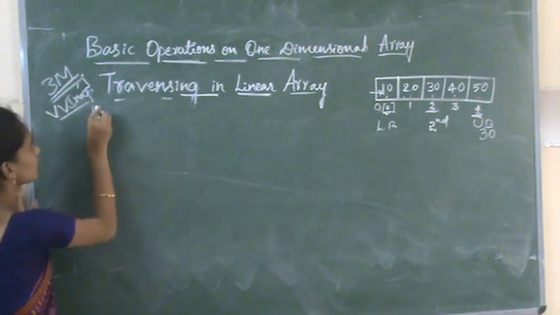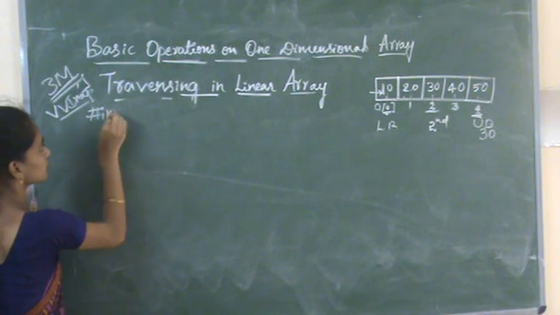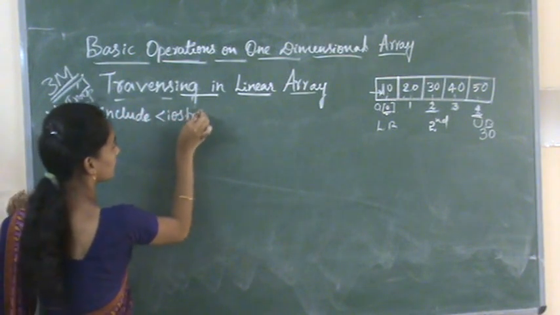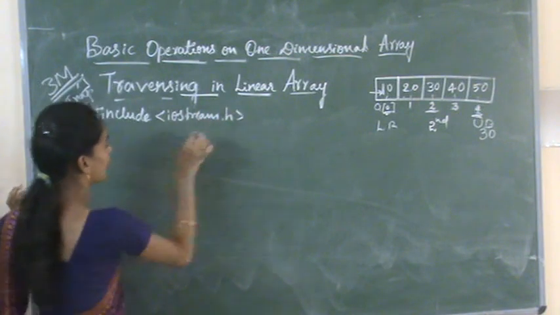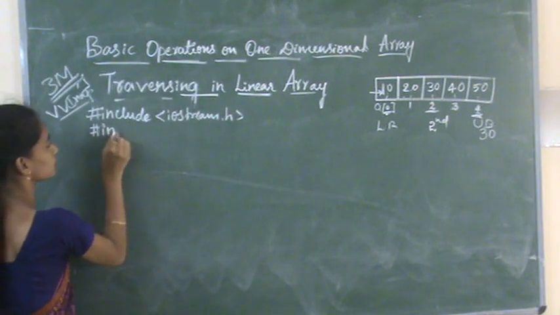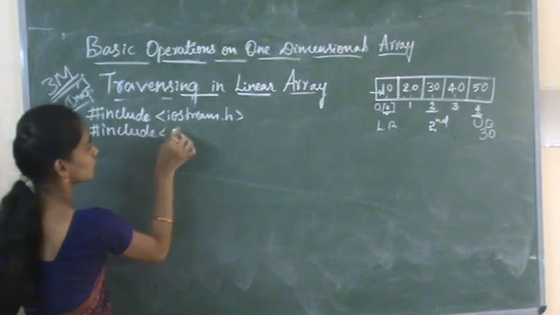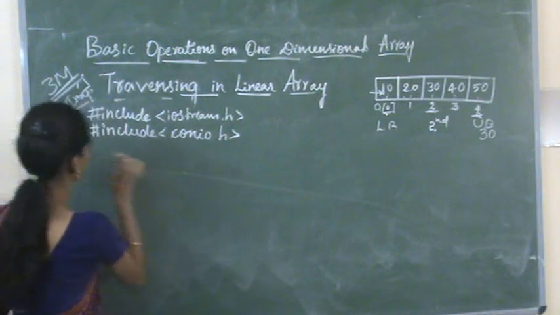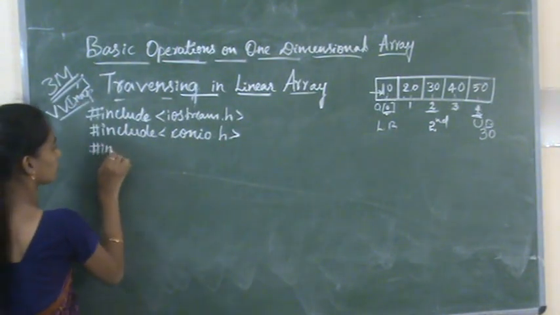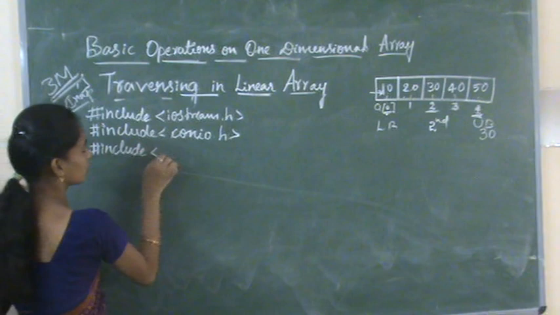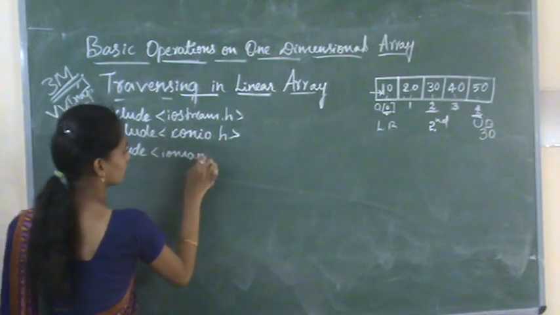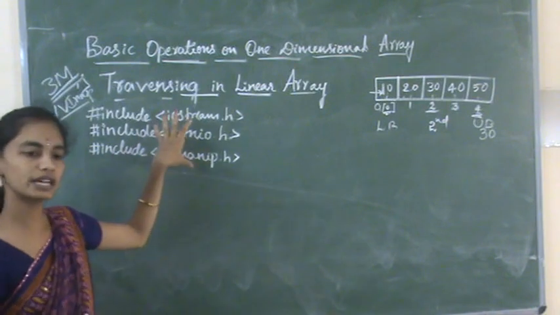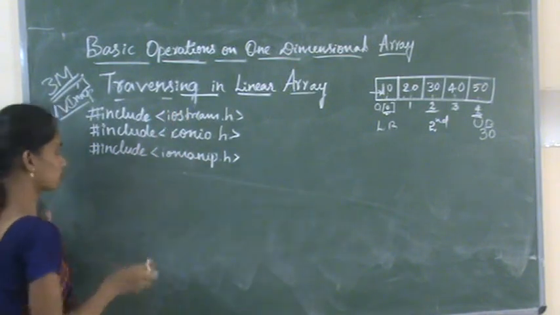So we are using header files, hash include iostream. These are the header files normally we use to write a program.